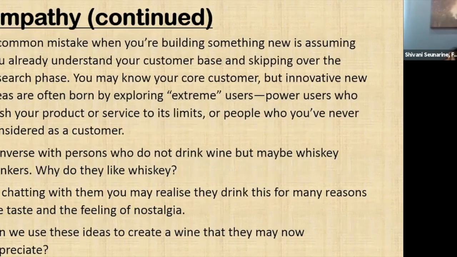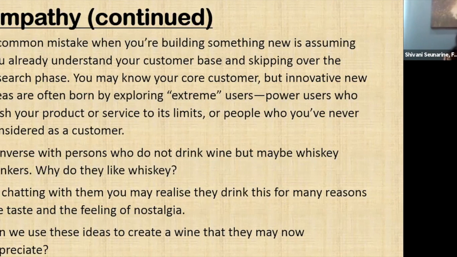Empathy continued. A common mistake when you are building something new is assuming you already understand your customer base and skipping over the research phase. And I've seen this many, many times. Many persons believe they are very good at their skill, and they are.